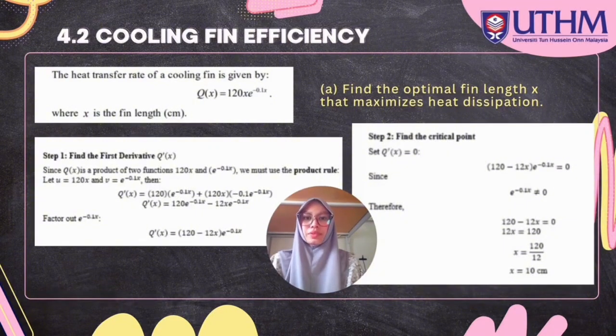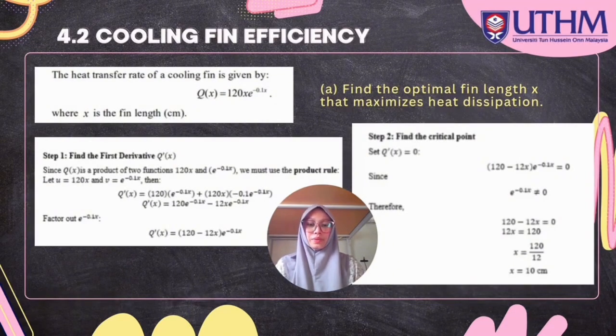Next step is to find the critical point. To find the maximum point, we set q prime of x equal to 0. So we get the equation (120 minus 12x) times e to the power of negative 0.1x equals 0. Since the exponential function e to the power of negative 0.1x is always positive and can never equal 0, we only solve 120 minus 12x equals 0.